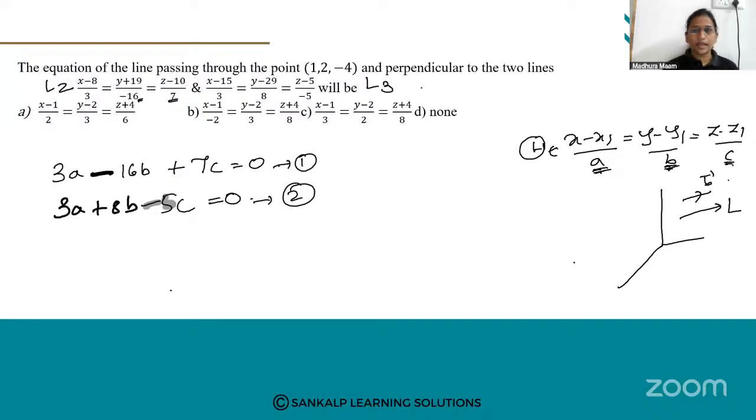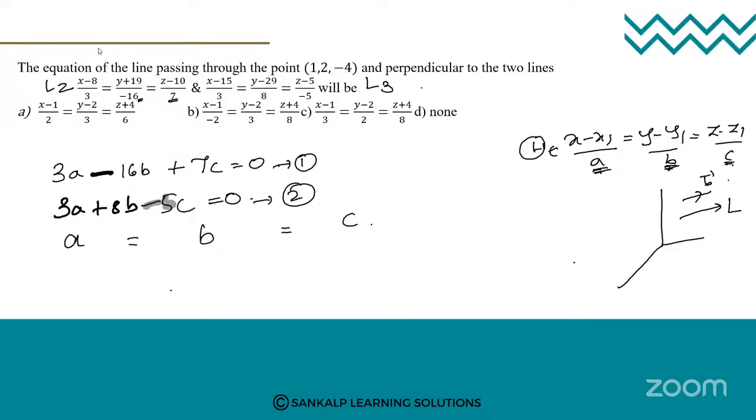What is your first variable? A here. You can write whatever variables you have, x, y, z or x1, x2, x3; the variables we have here are A, B, C. We take the determinant in the denominator place. Taking the first equation, the coefficients in the first line you will write in the first row. Leaving A, the remaining are B and C. Those coefficients you will write in the first row, and the remaining in the second row. So leaving A, the next coefficients are 8 and -5. You have to repeat this for all.